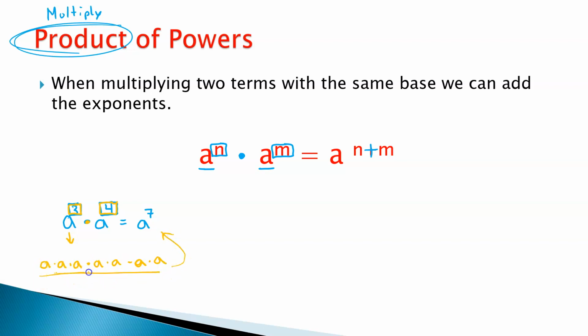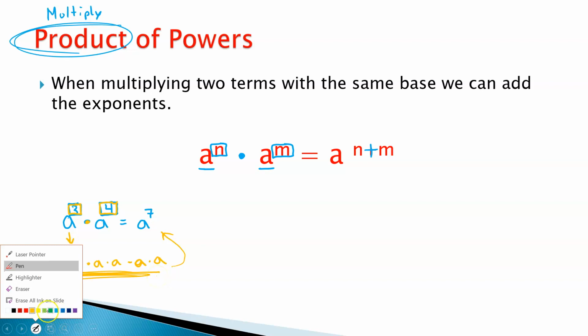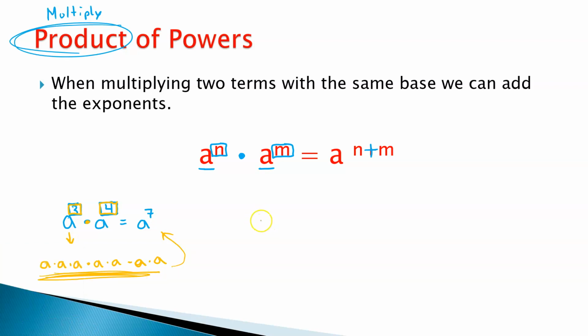But nobody wants to expand. Nobody wants to do that work. That's exhausting, right? And again, imagine if I gave you something ridiculous. Let me exaggerate it here. Let me say I gave you guys something like x to the 100th power times x to the 300th power. Nobody's going to sit here and expand x times x times x 100 times and then do another 300 x's after that.